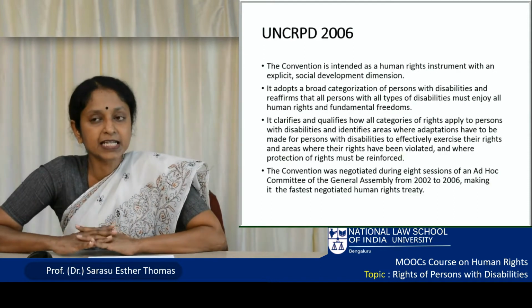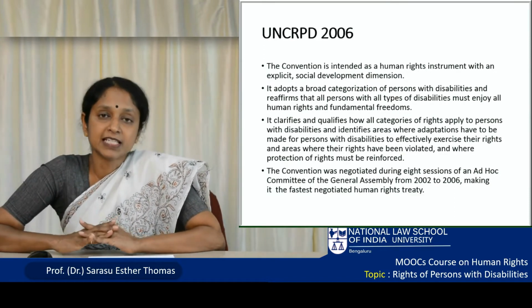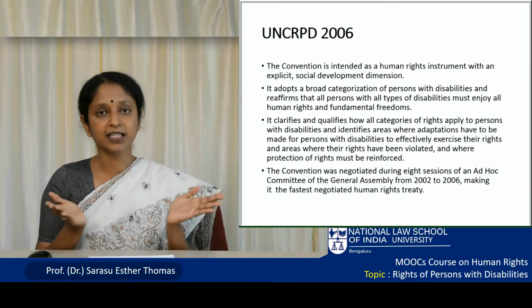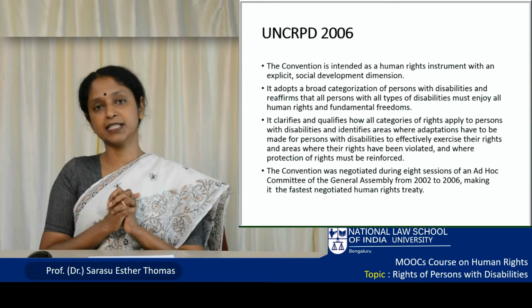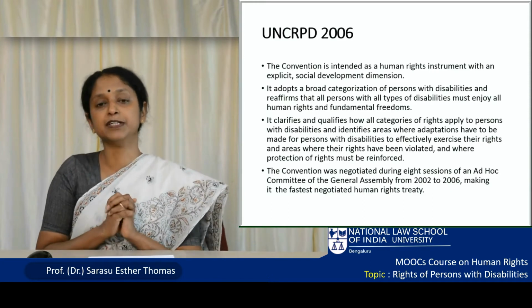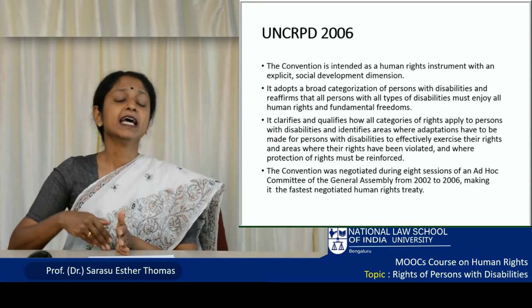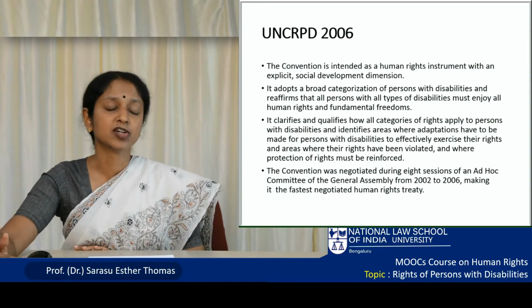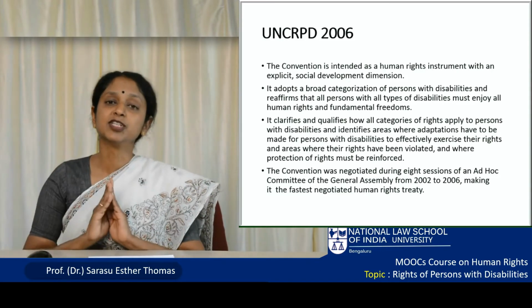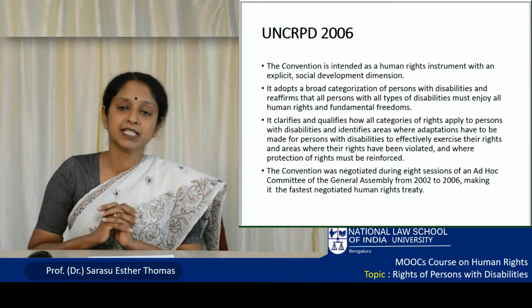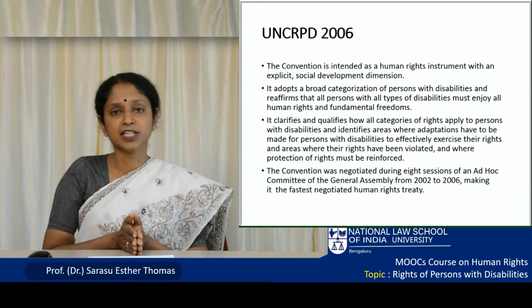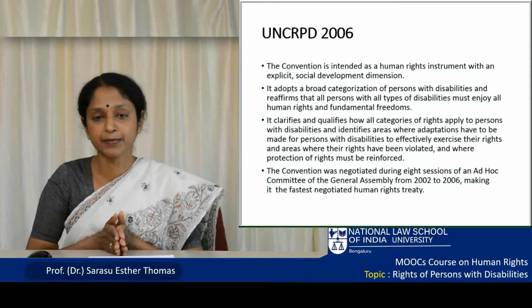Now, this is intended as a human rights instrument, and if you look at the language of the convention, it is clearly set in a human rights framework, and we see that it has an explicit social development dimension. It adopts a very broad categorization of who persons with disabilities are, and it says that persons with disabilities must enjoy all human rights and fundamental freedoms.